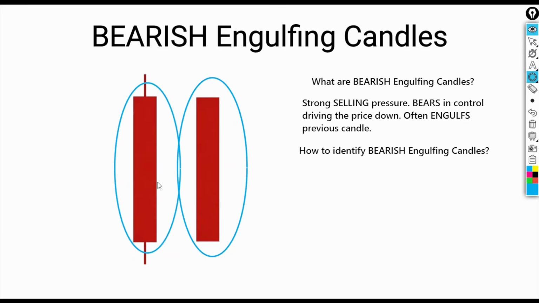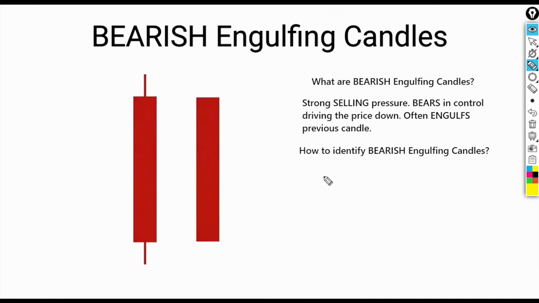And the bodies of these candles make up the majority of the candle itself. We also know that engulfing candles have little to no wicks, not just bearish engulfing candles, but engulfing candles in general. Now, the candle on the left has a small upper wick and a small lower wick, while the candle on the right has no wicks at all.